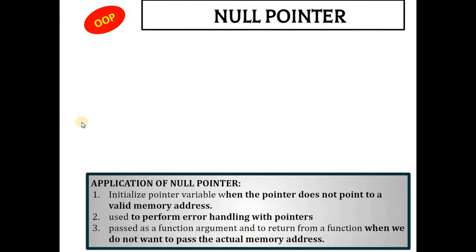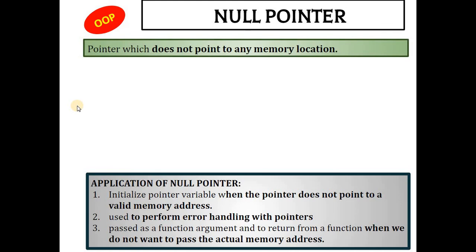Next is a null pointer. When we don't point to any valid memory address, we make it point to null, which is used to perform error handling with pointers. Generally, when we pass a function argument or return a pointer from a function and don't want to pass the actual memory address, we make use of a null pointer.